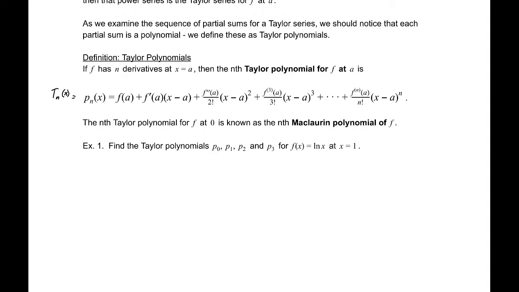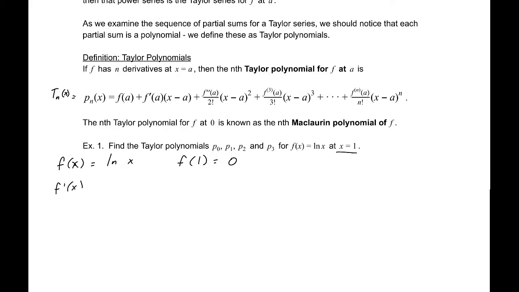We have the function f of x equals natural log of x, and we are centered at x equals 1. So this will require us to look at several derivatives, in this case 3 derivatives, and then evaluate each of those at 1. So f of x is natural log x. So f of 1, because we are evaluating this one at 1, is 0.